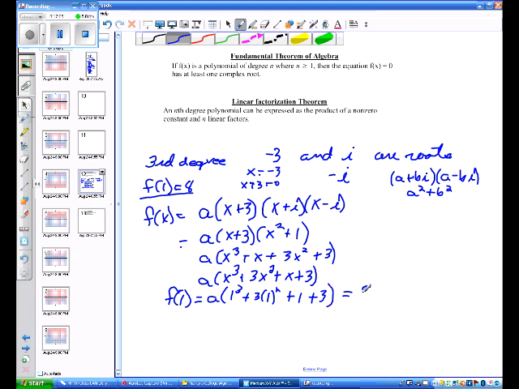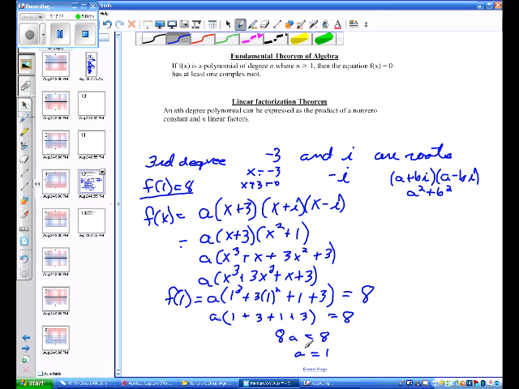And when we do, we're going to get 8 for an answer. Well, we still don't know a, but we've got 1 plus 3 plus 1 plus 3, which adds up to be 8a equals 8. So a equals 1.